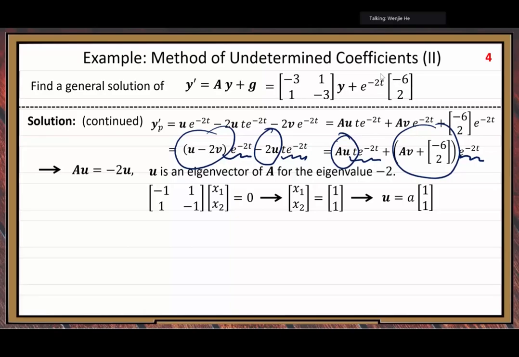This one simple eigenvector is representative. So we only need to choose an appropriate multiple of this eigenvector to determine that U, because U needs to satisfy other conditions, right? You have another equation to follow.